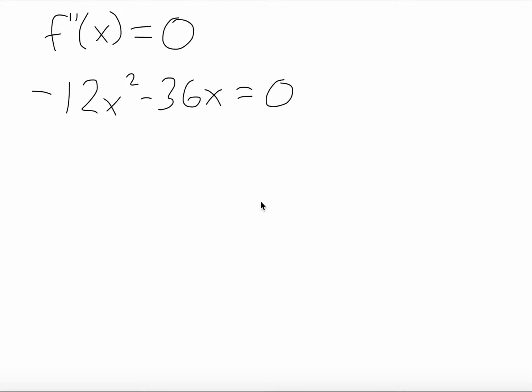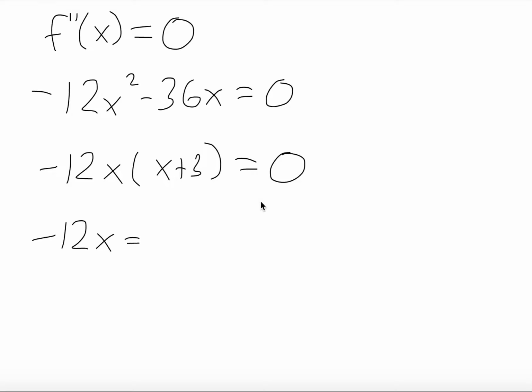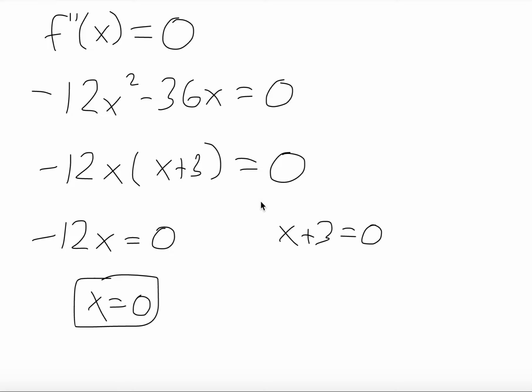I can factor out a negative 12x times x plus 3 equals 0. And this splits up as negative 12x equals 0 and x plus 3 equals 0, which gives me the solutions x equals 0 and x equals negative 3.